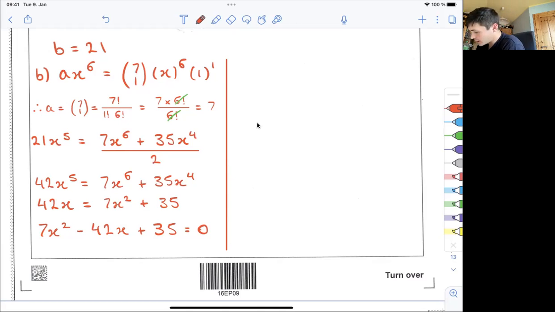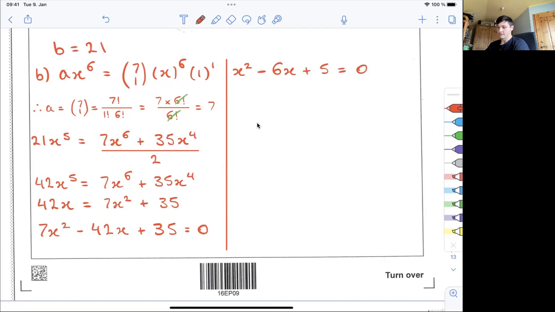So we divide all of our terms by 7, the left-hand side and the right-hand side. If we divide 0 by 7, we just get 0. So 7x squared divided by 7 is x squared, minus 6x, plus 5 is equal to 0.